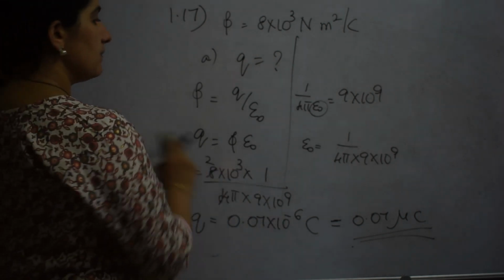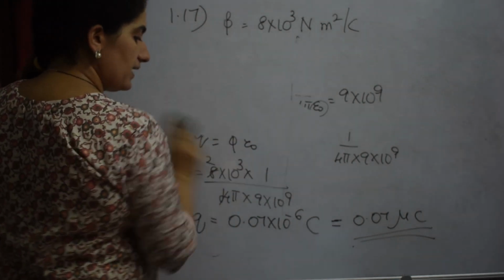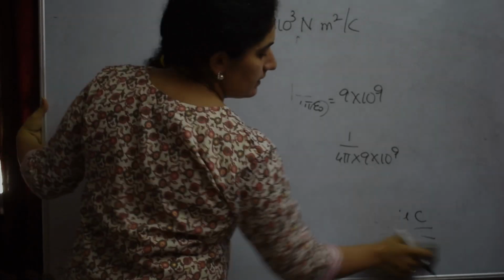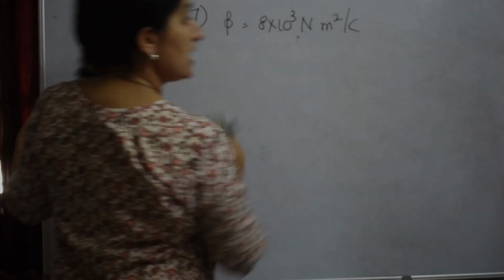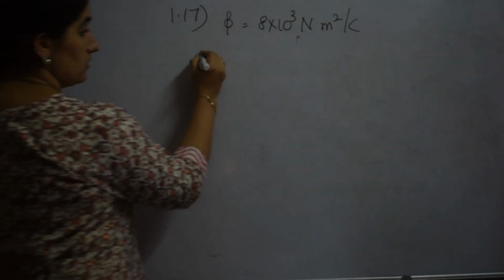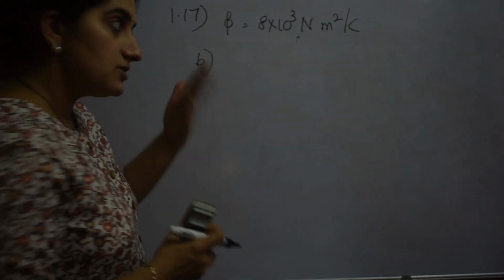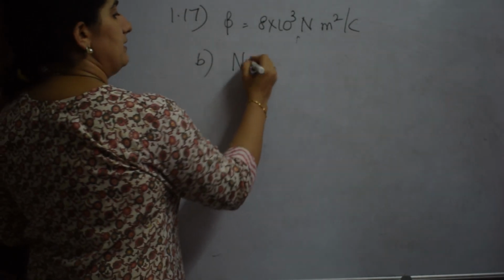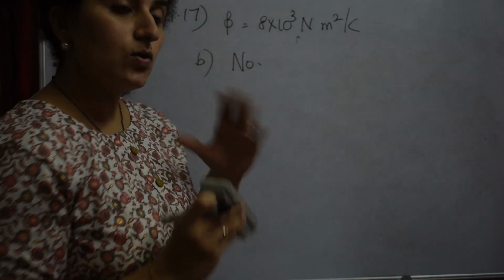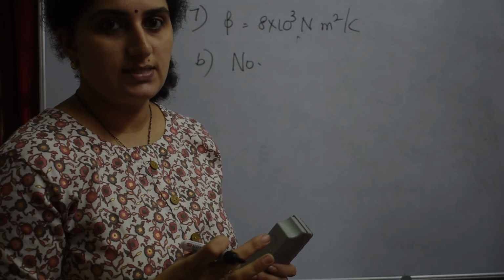For the second part, they have asked whether, if the net flux is 0, can you conclude that there are no charges inside the box? No, you cannot, because we can only tell that the net charge is 0.